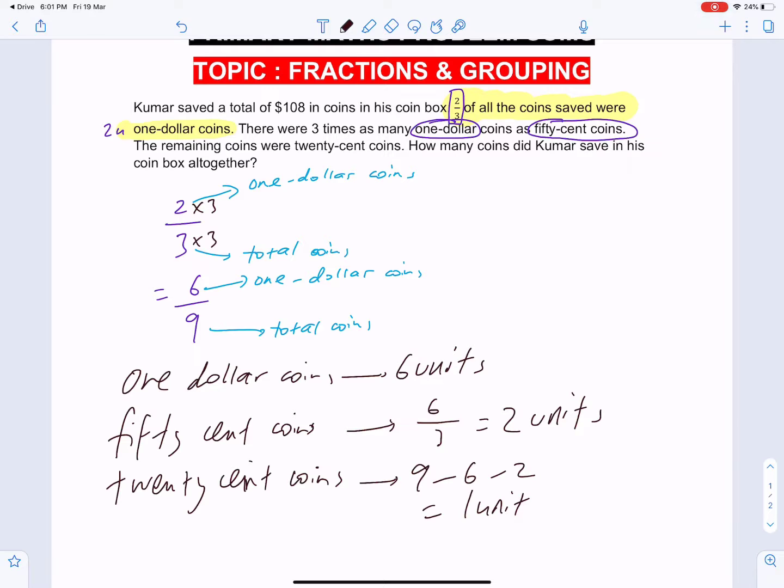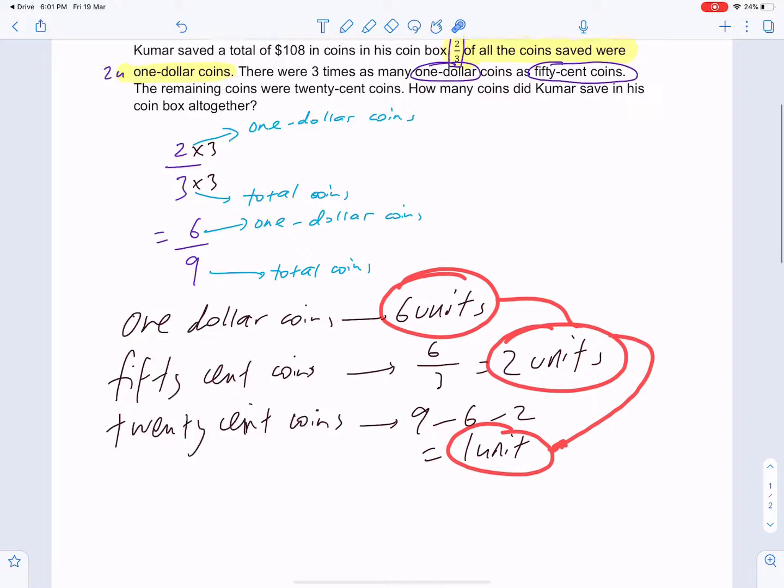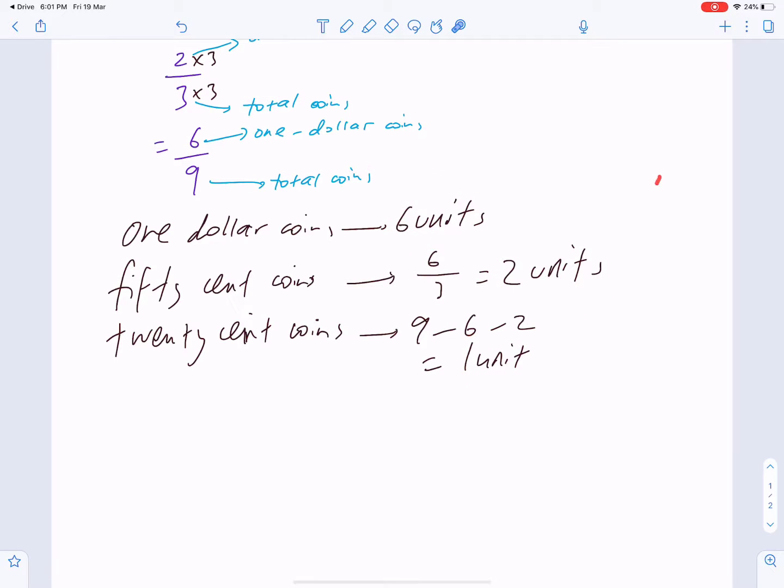Now that we know the individual units, $1 coins, 50-cent coins, and also 20-cent coins, we can group them into one group or one set. So in one set, we will have 6 $1 coins, 2 50-cent coins, and 1 20-cent coin.